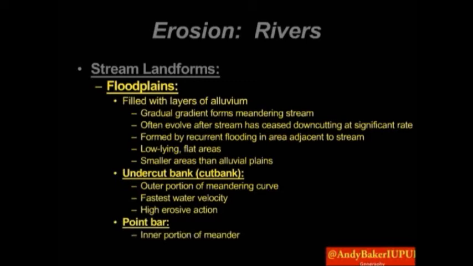So the point bar deposit is going to be the inner portion of the meander. So here we're going to have the slower water velocity on the inside, where sediment collects. And so the undercut bank is more an eroder, where point bar deposits are where we're going to see more deposition. So the undercut bank, point bar, get these stuck in your head as we look at some specific examples in the following slides.